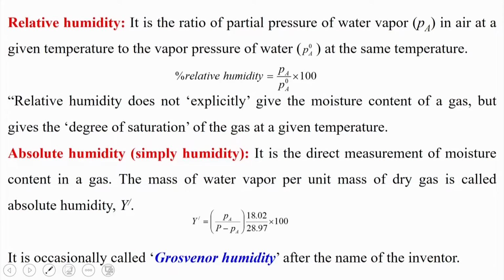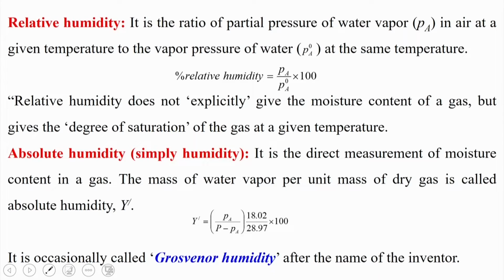Another term we need to understand is absolute humidity, or simply humidity. It is the direct measurement of the moisture content in a gas. The mass of the water vapor per unit mass of the dry gas is called absolute humidity. It is designated as Y prime, where Y prime is equal to Pa by (P minus Pa) into 18 by 28.97.